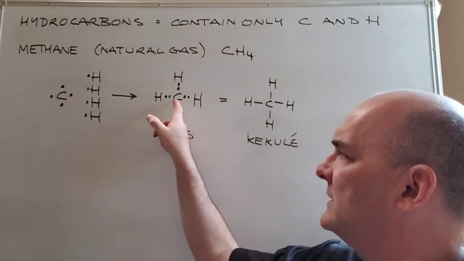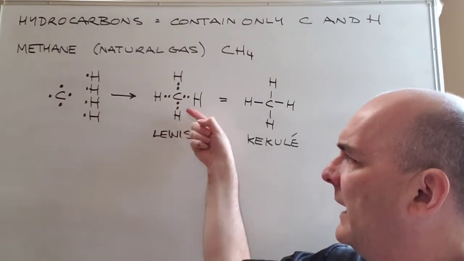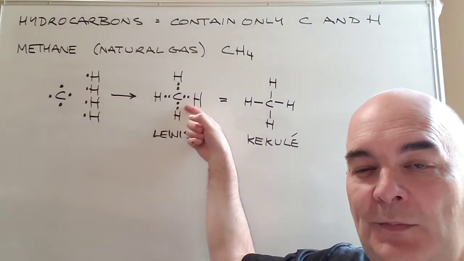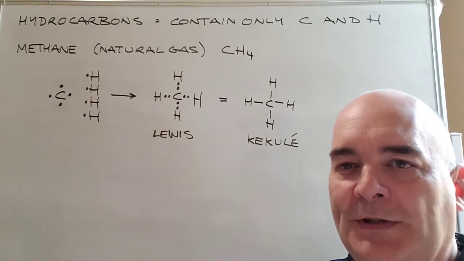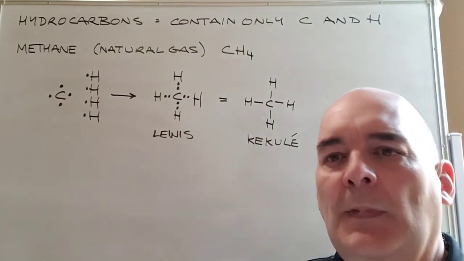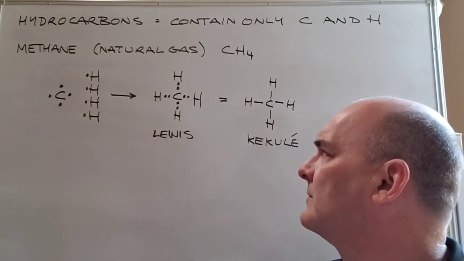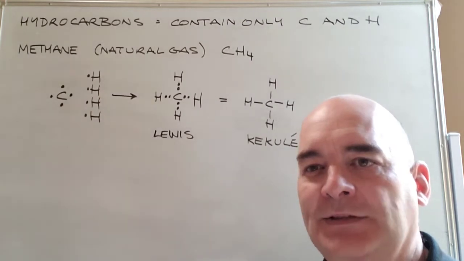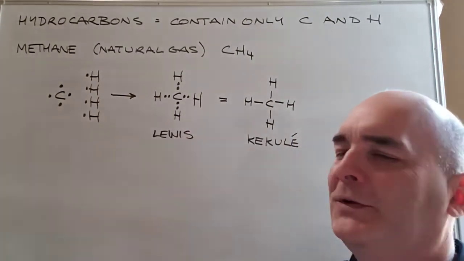Then when the hydrogen attaches to the carbon and shares its electrons, I can make a covalent bond right here. 2 electrons shared between 2 atoms. This is the Lewis structure for methane. And if you look, that central carbon is in shared possession of 8 electrons, and each of the hydrogens has 2. This is a Lewis structure.